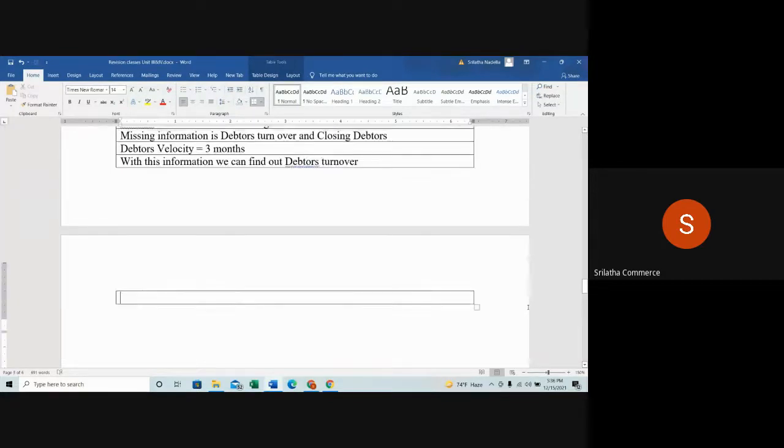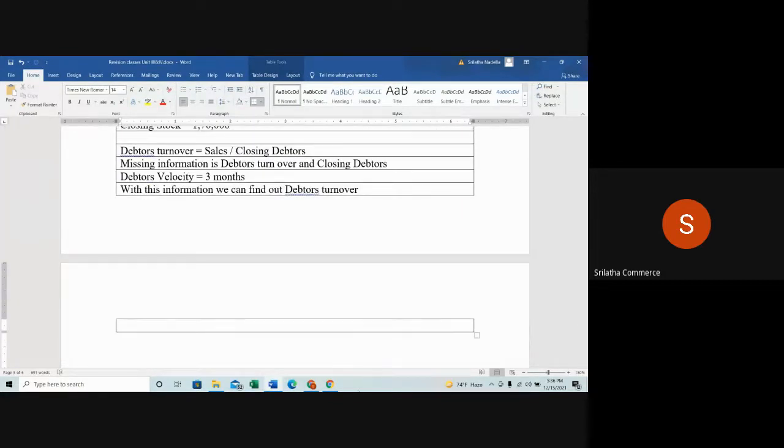So, what is the formula for debtors' velocity? Debtors' velocity is nothing but average collection period. How many months had he given? 3 months. This is the information he had given.